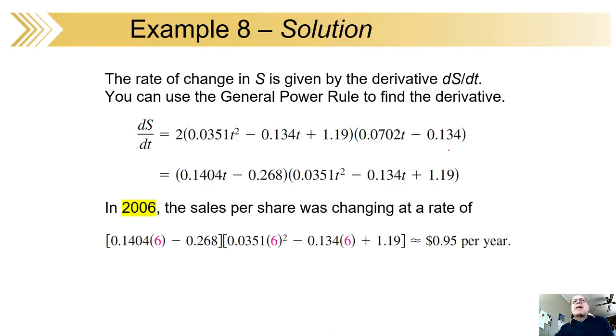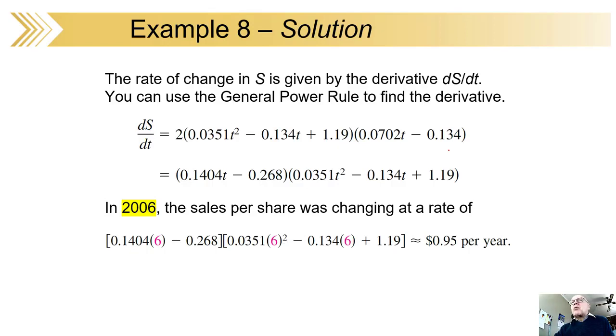So to find out what's happening in 2006, just put a 6 in where the t is, and you get 95 cents per year. Now what does that mean? That means the stock is going up at 95 cents every year in the year 2006.